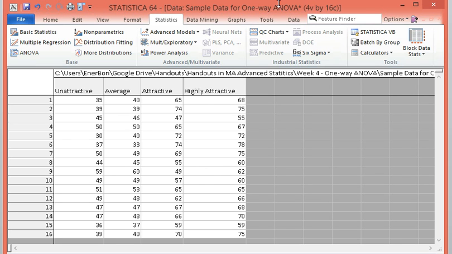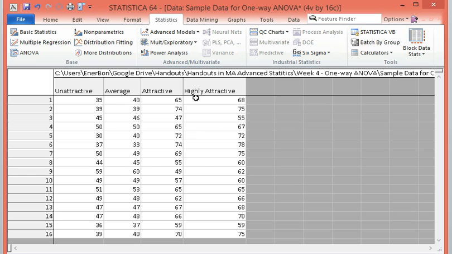There are 16 participants, and each of these 16 participants were shown 4 different photos of people of varying levels of attractiveness, and they were asked to rate how much they think each person in the photograph is socially desirable.